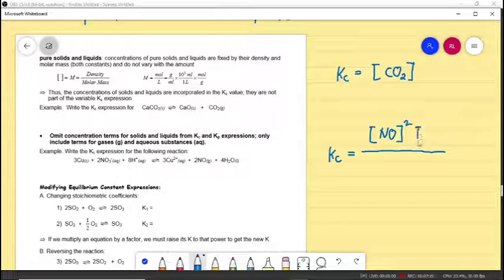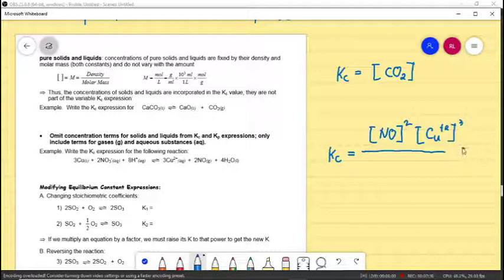Then we have the copper(II) ions raised to the power of 3. Let's change the way we write the ion, and in the future we will explain the difference between +2 and 2+. That will be discussed in module 4. What else do we have?